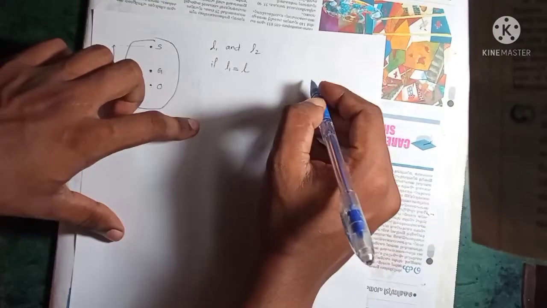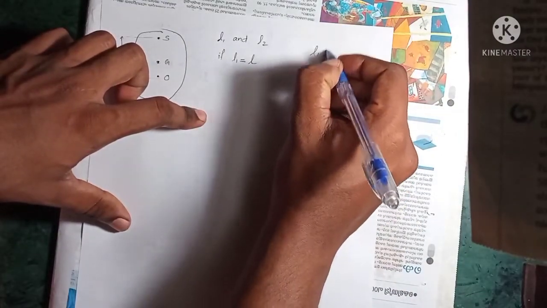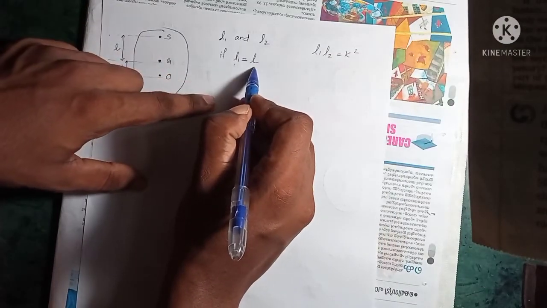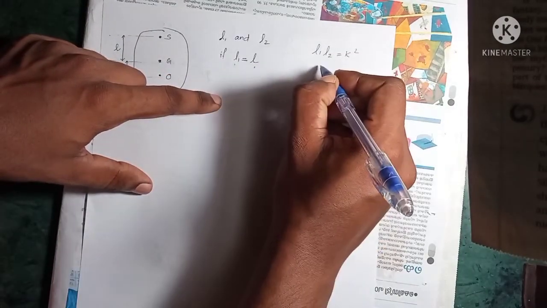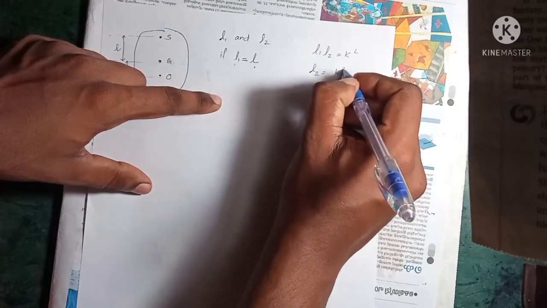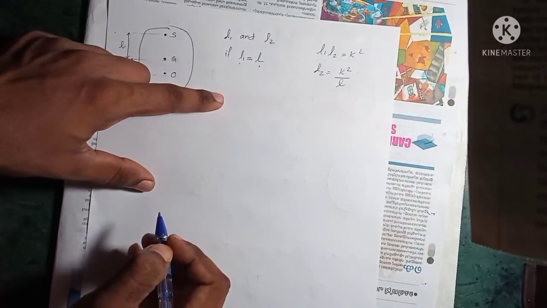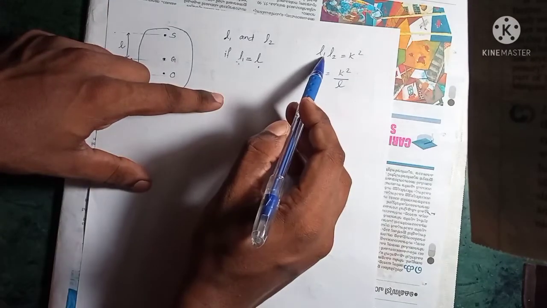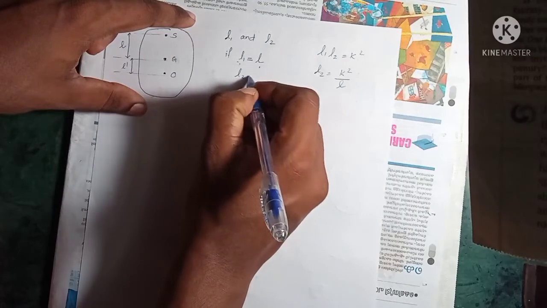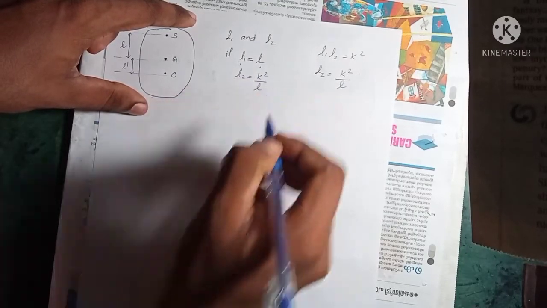So if L1 equals L, then L2 should be K square upon L.